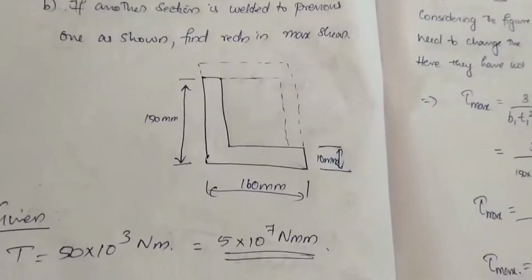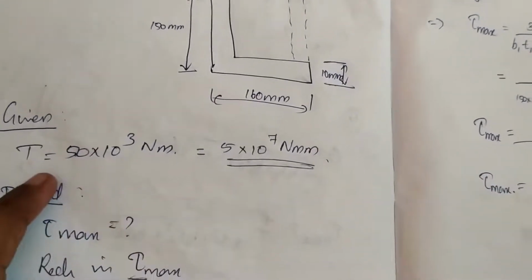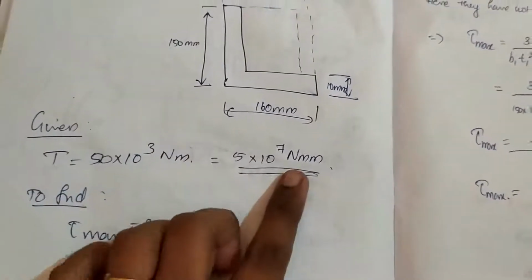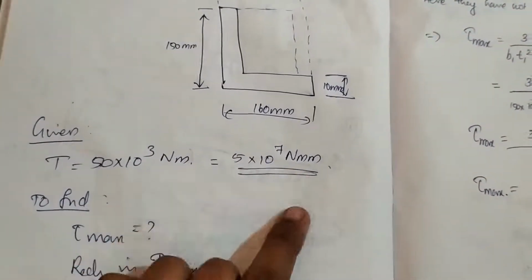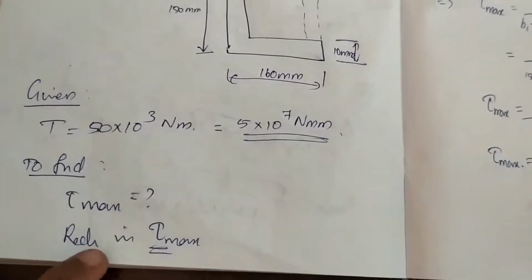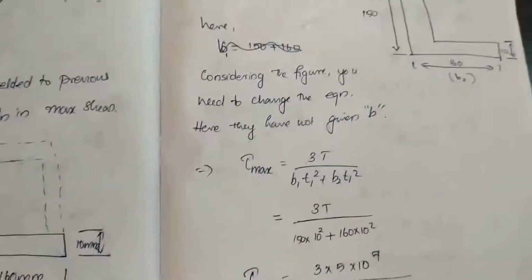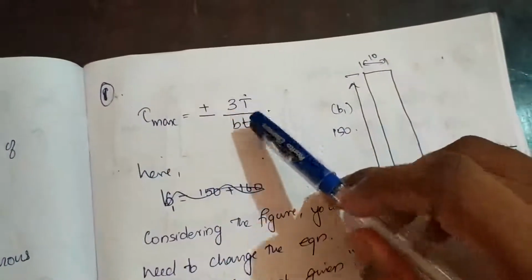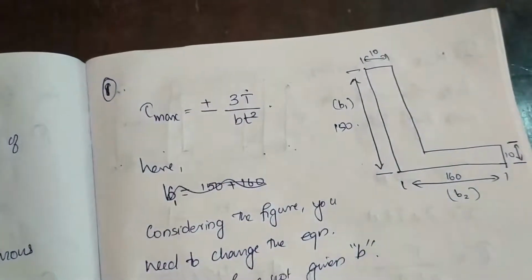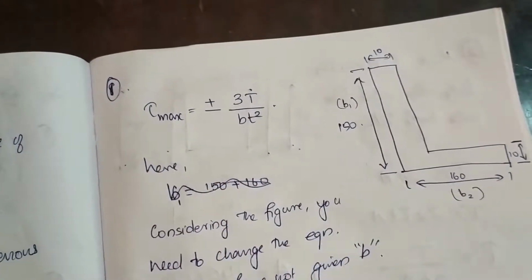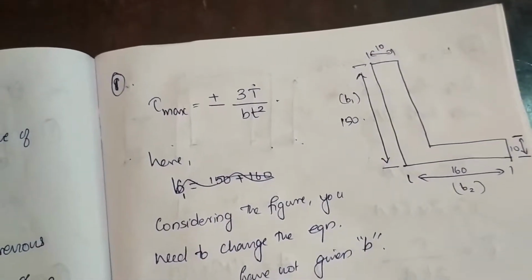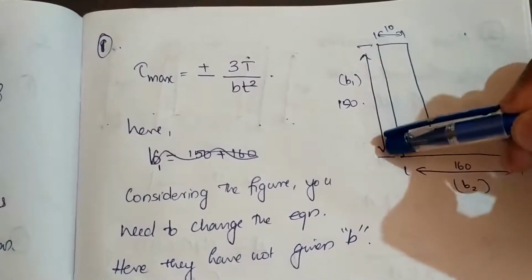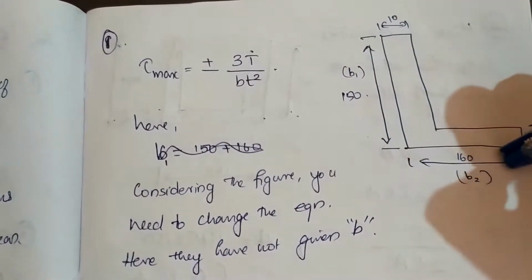Now the given T is equal to 50 into 10 power 3 Newton meter, converted into Newton mm. You need to find tau max and the reduction in tau max. The general equation for tau max is 3T by b t square. Here the given cross section is 150 up to here and 160 up to here.